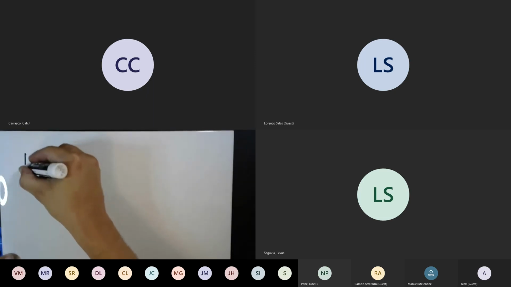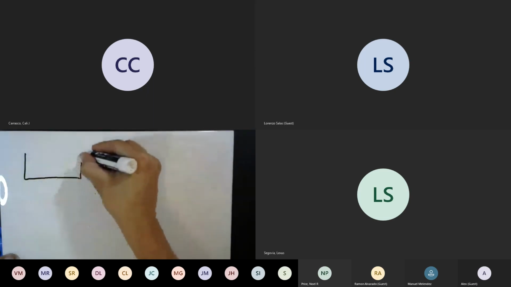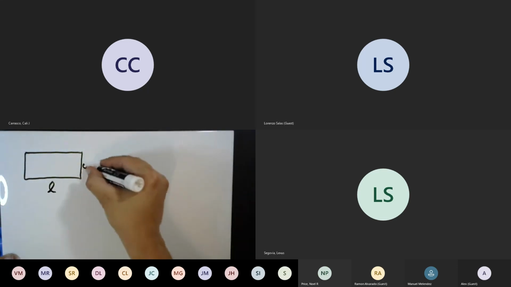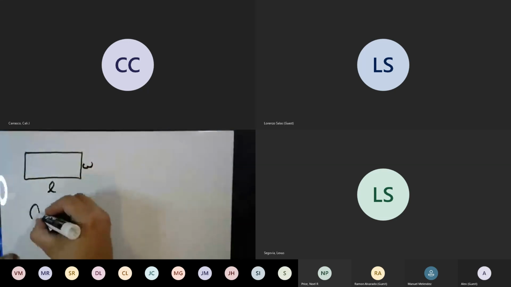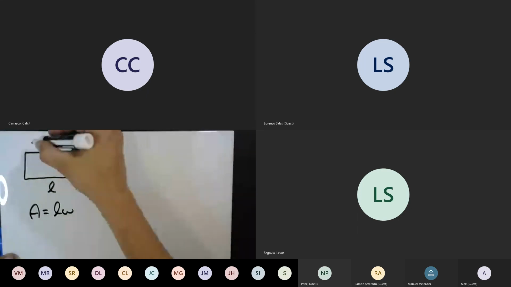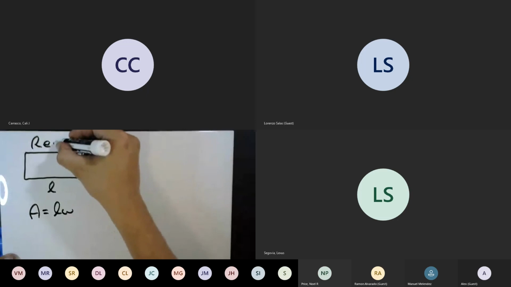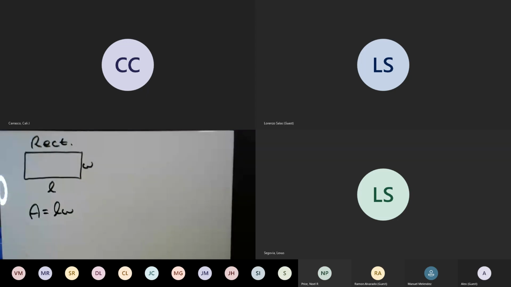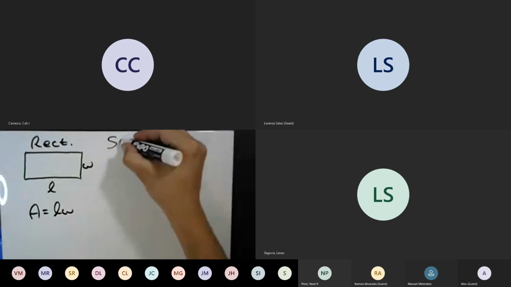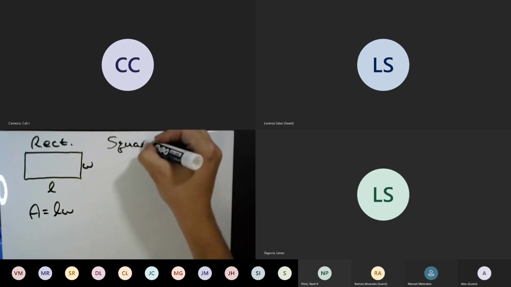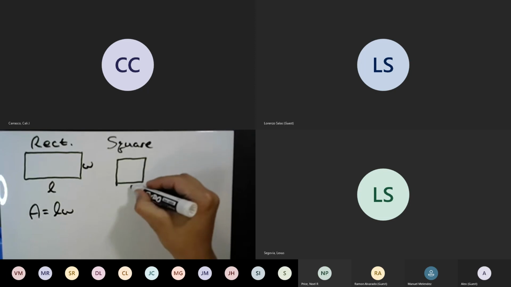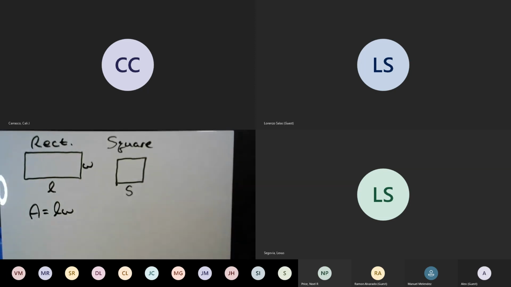So for the rectangle, we're given a length and a width. The area is length times width. For the square, it's a variation of the rectangle.